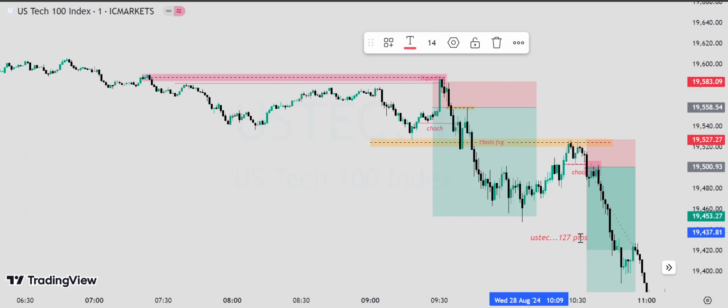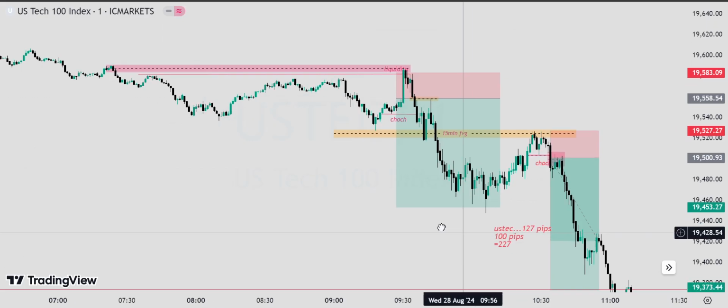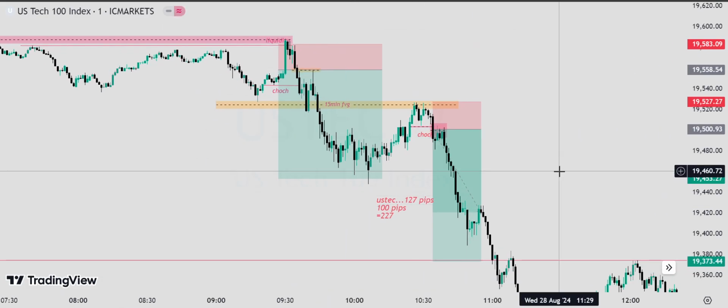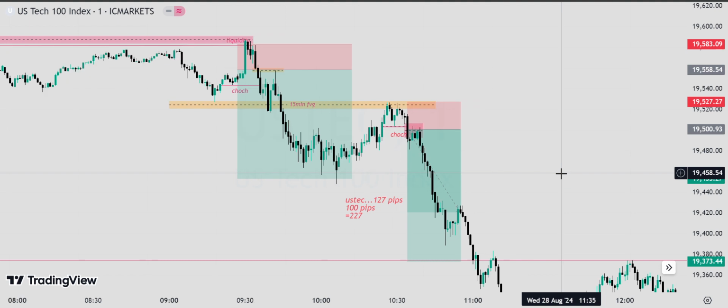And this is another 100 pips. So that is a sum of 227 pips in one day. So that's the best. That's how you make money from the market.